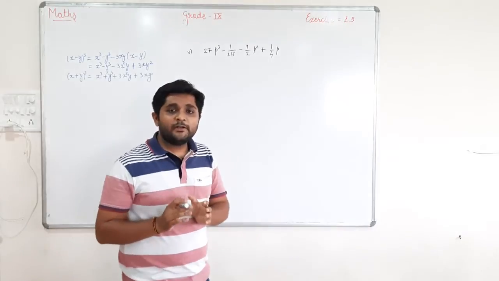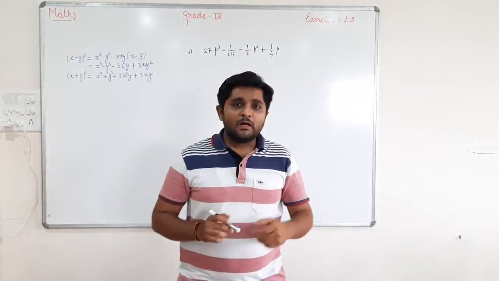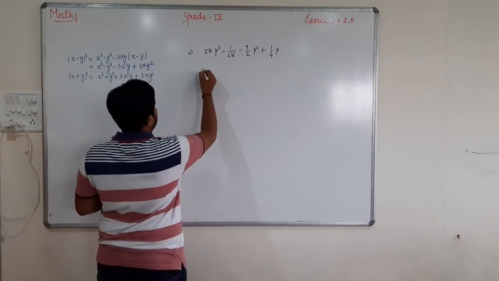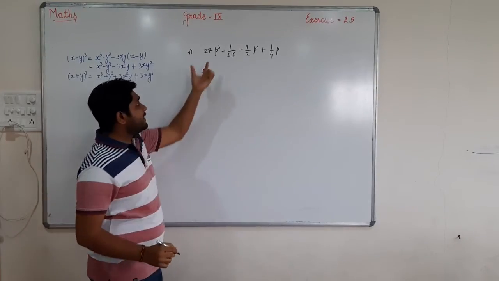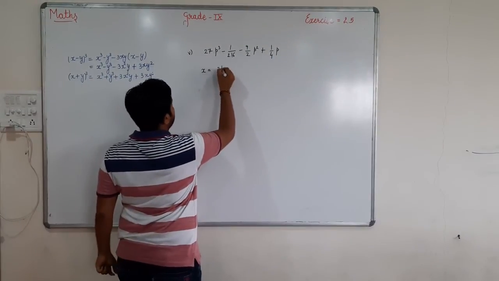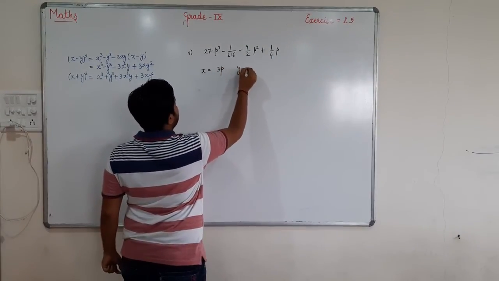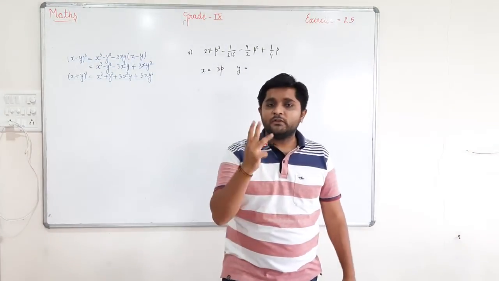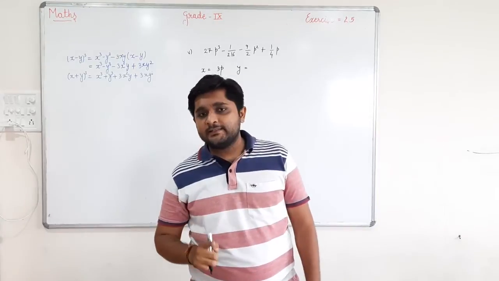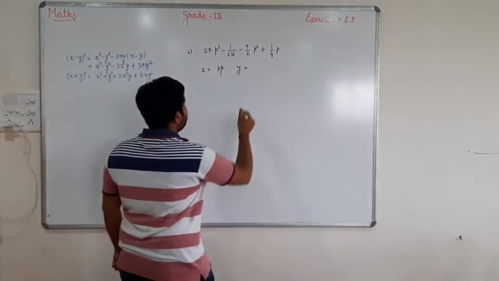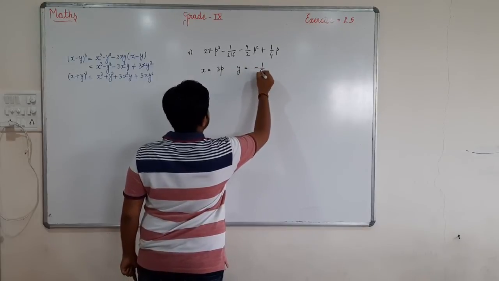So here let me find our x and y. So our x is the cube of 3p, and our y, 216 is a cube of 6. 6 6s are 36, 36 6s are 216. So our y will be minus 1 by 6.